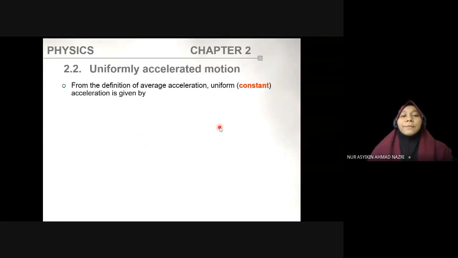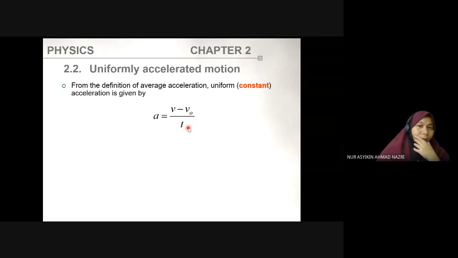From the definition of average acceleration, uniform constant acceleration is given by this expression. Simple. We got this expression yesterday, but yesterday we subtracted the time. This time we simply take the time.